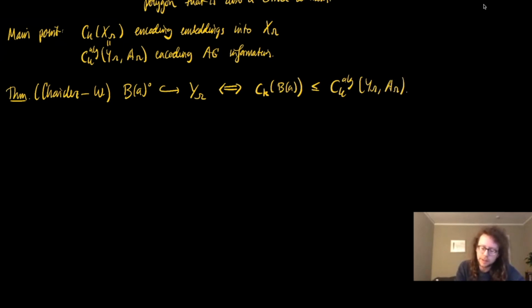Okay. So this direction is essentially clear. There's a little bit of work to do. This direction follows from some very strong embedding results that symplectic people proved for x omega.